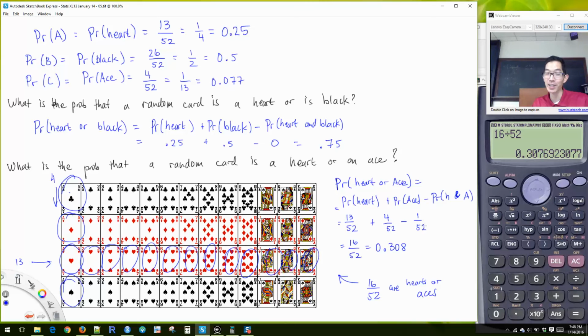You either need to have the breakdown for you, or other things, and that's actually the next slide that I'm going to do. But that's a good question, because if we didn't have this picture of the deck of cards and we didn't know that there was one card that was a heart and an ace, like if a deck had two aces of hearts or something like that, then we would be in trouble.